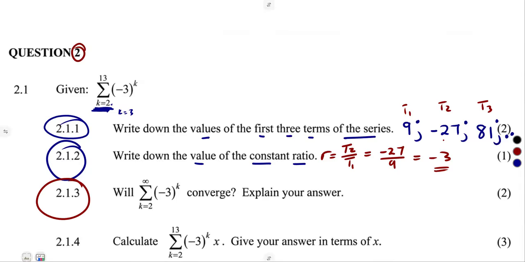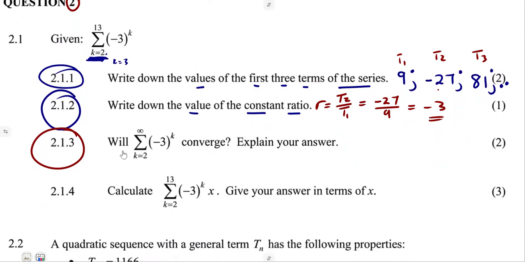2.13, will this given series summation converge? This is the same as what we were given before, but now it is being taken to infinity. For this geometric series to converge, the condition we understand is r must be greater than negative 1 but less than 1.